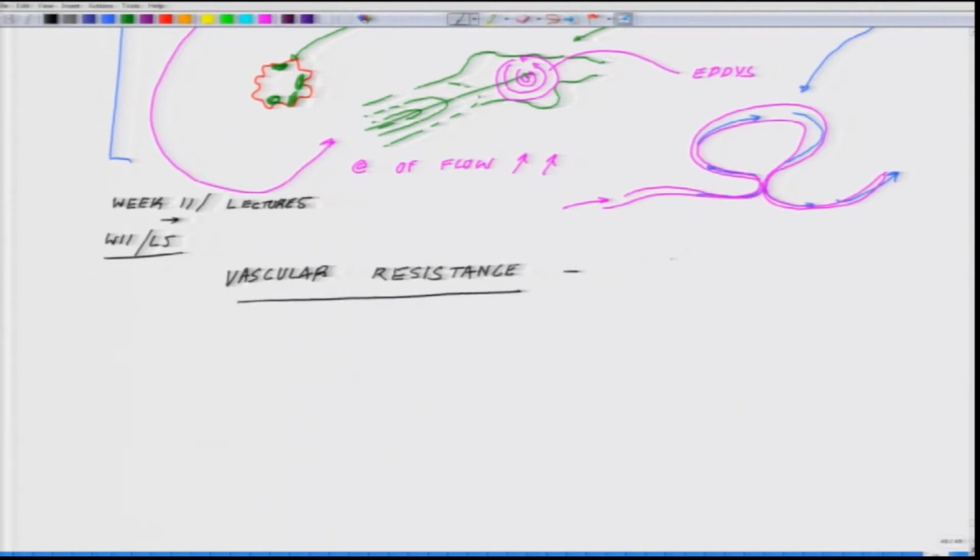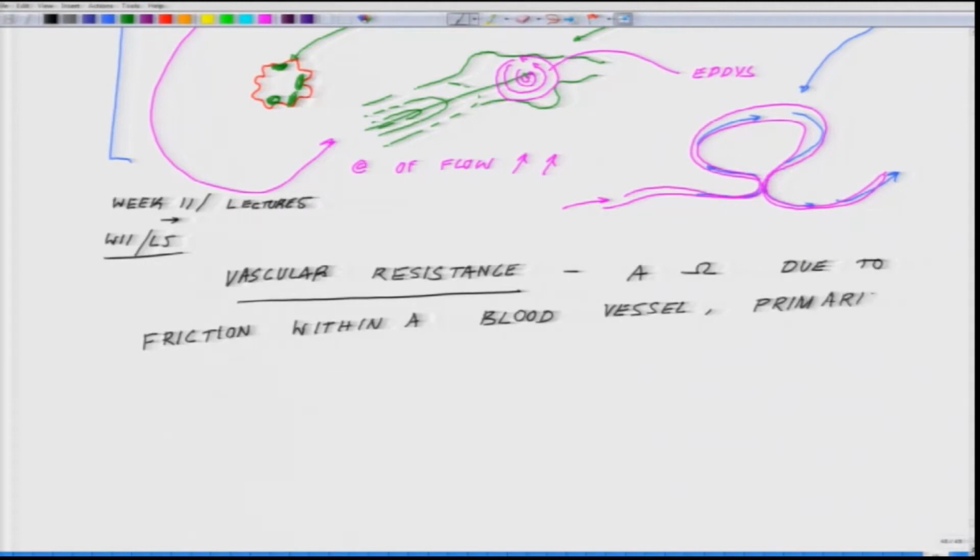So, the vascular resistance is a resistance due to friction within a blood vessel, primarily between the blood and the vessel wall.